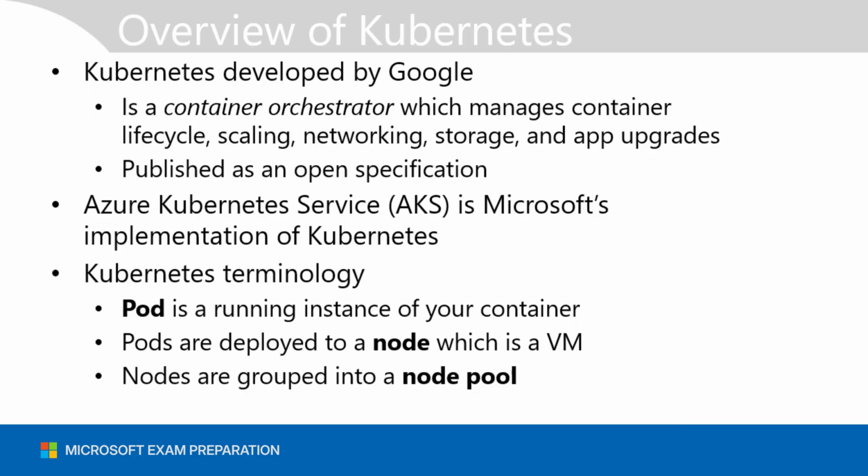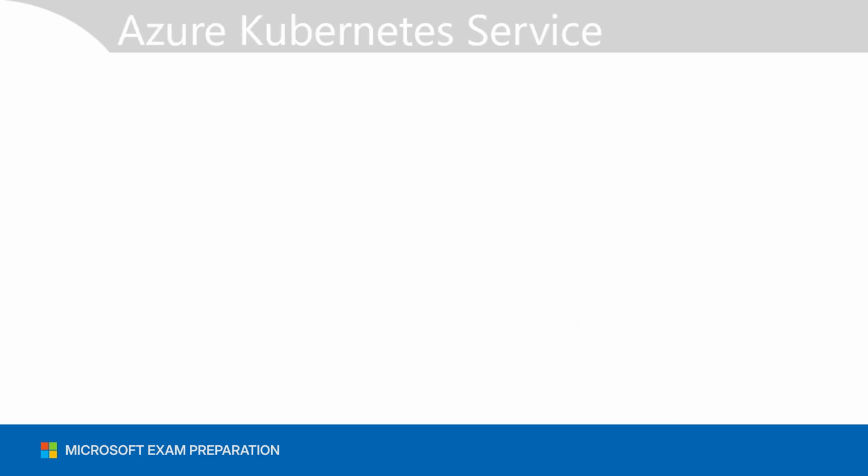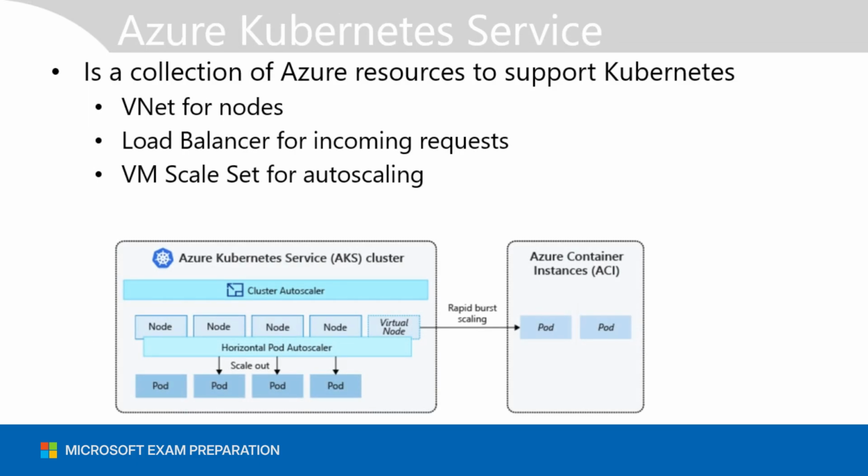So using those terms, let's look at a picture that describes some of this. You can see AKS shown here on the left. It has a set of nodes. So remember, a node is a VM. Each VM has a set of pods, and the pods are your running applications.